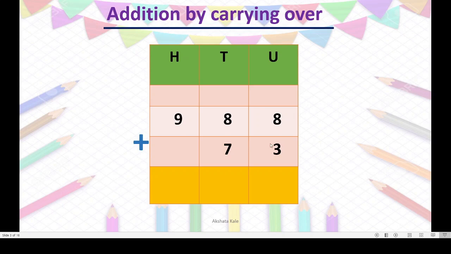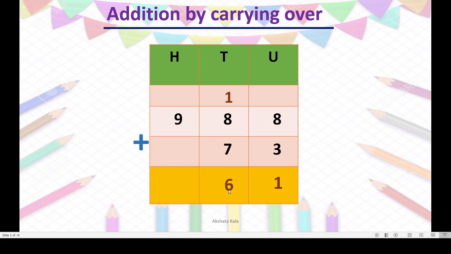See one more sum. We will begin. 8 plus 3. It is 11. 1 we will write here. 1 is carried over to the tens place. Correct? Then in the tens place, 1 ten plus 8 tens, that is 9 tens. 9 tens plus 7 tens, that is 16 tens.